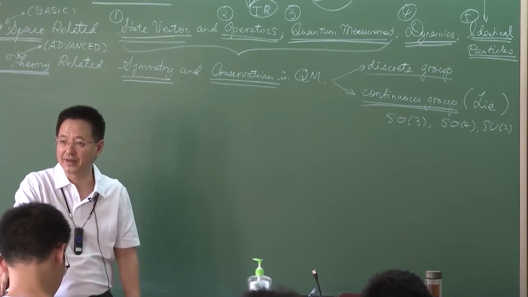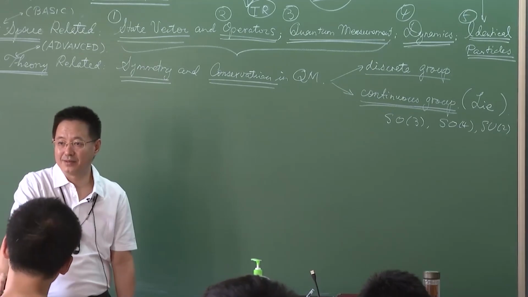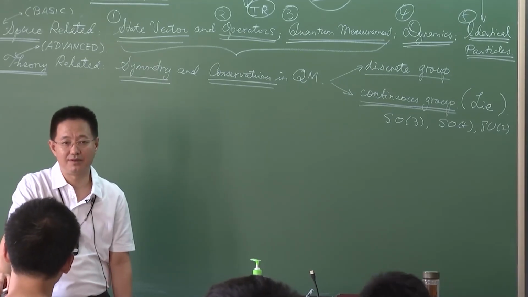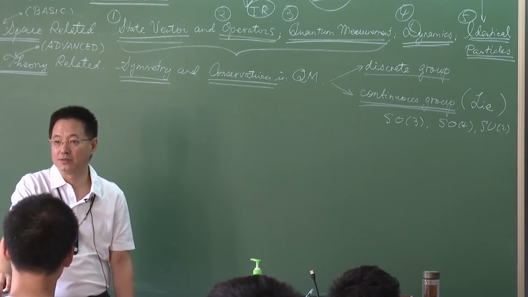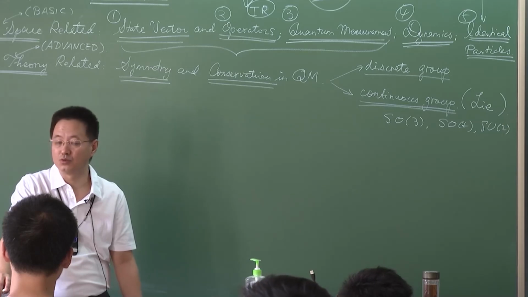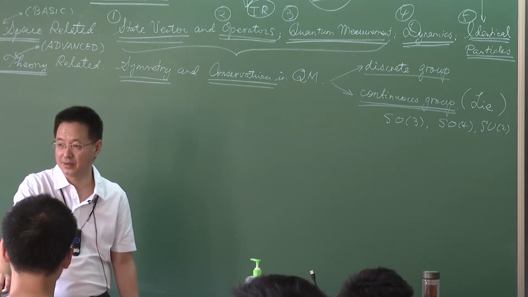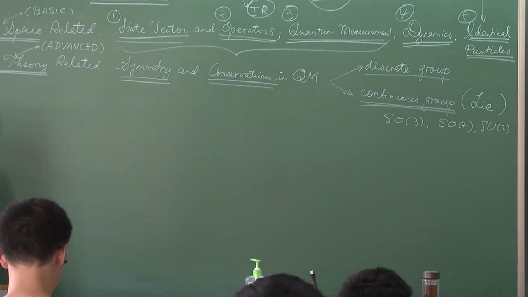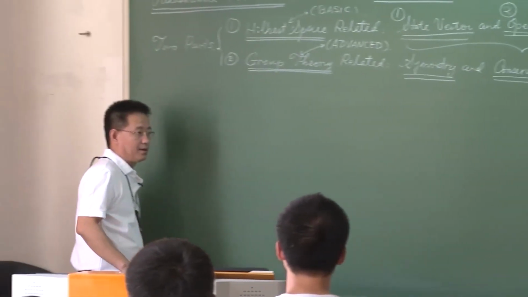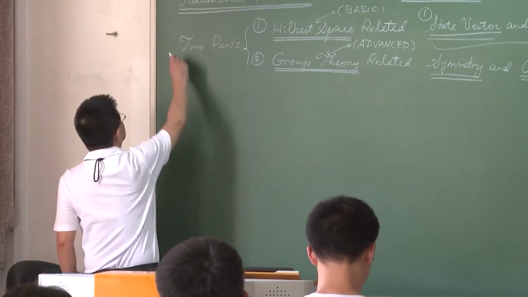So you should be very careful, very intensive, to study the topics of advanced quantum mechanics, especially the angular momentum theory and the related group theory and Lie group and Lie algebra theories. Okay? So that's a very, very brief introduction about the whole contents of the advanced quantum mechanics course.